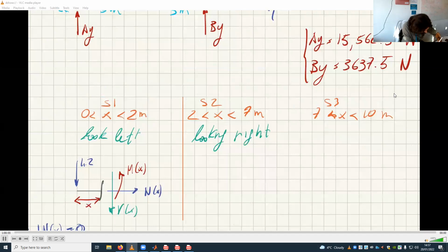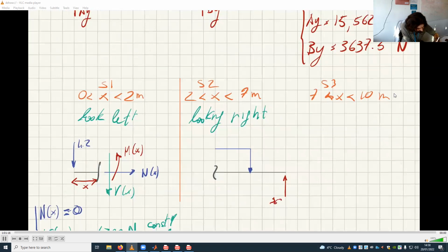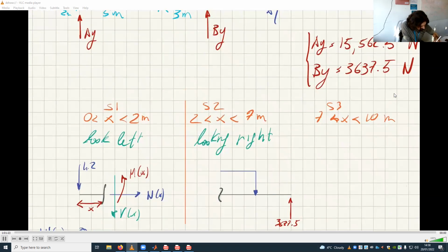So let's say it goes from here to here. This is where the cut is. And I have to draw here a chunk of load, 3 kilonewtons per meter, 3,000 newtons per meter.